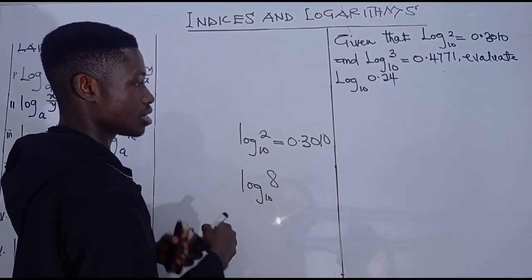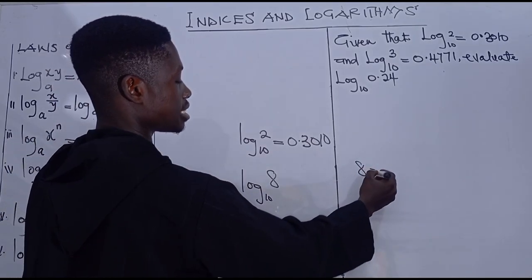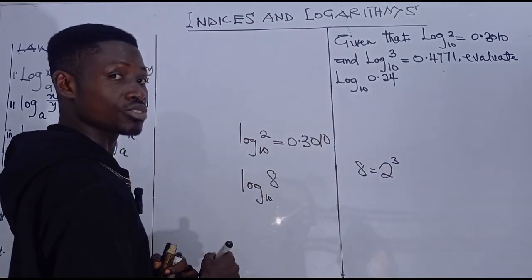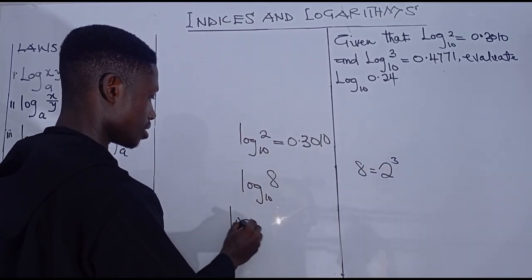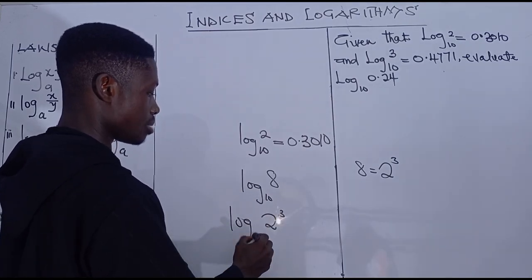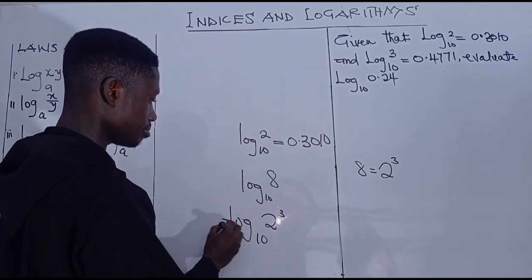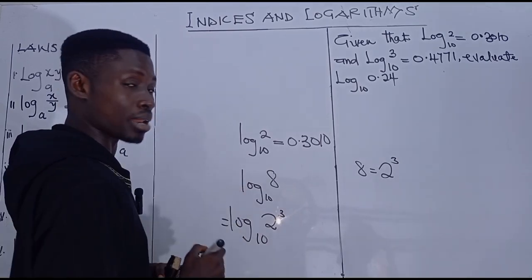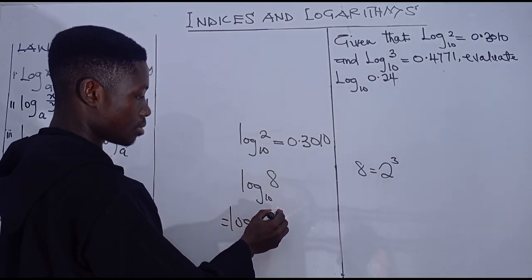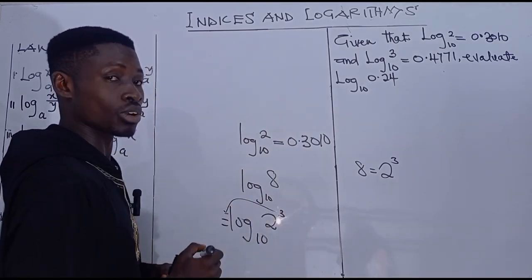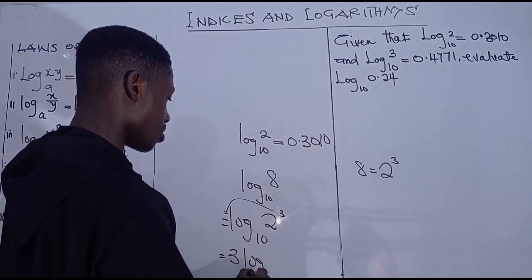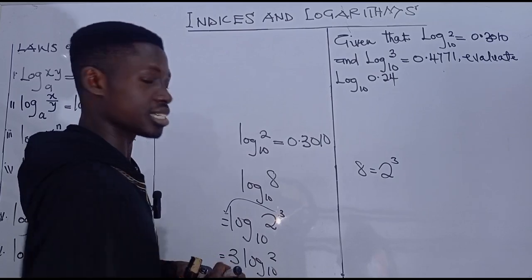Now we know that 8 can be written in index form as 2 raised to the power 3. So we are going to write this as log of 2 raised to the power 3 to the base of 10. Applying the power law of logarithm, the power will come in front to multiply the logarithm. So you will have 3 multiplying log of 2 to the base of 10.